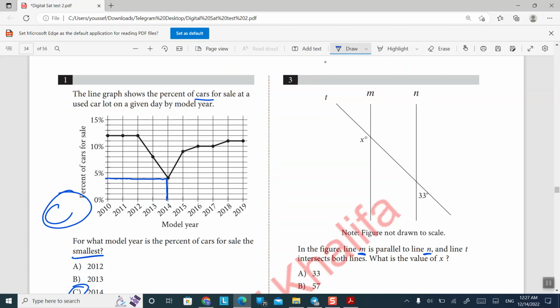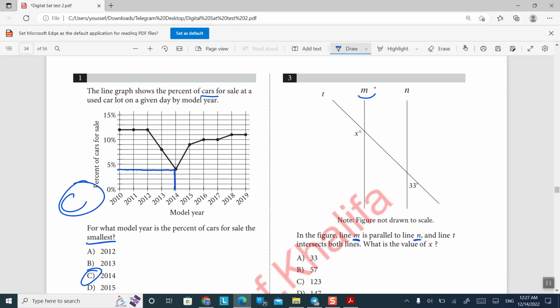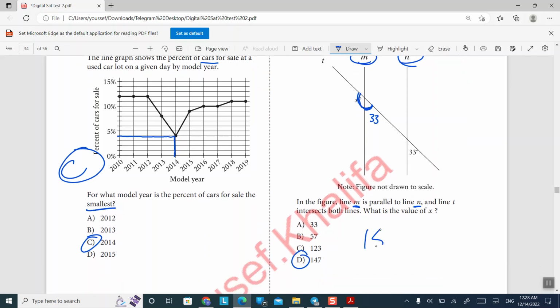Okay, so here we can notice that since both line M and line N are parallel to each other, we can assume that these two angles are corresponding to each other. So that is 33. So completing the 180, the straight line, you find out that 180 minus 33 is 147.